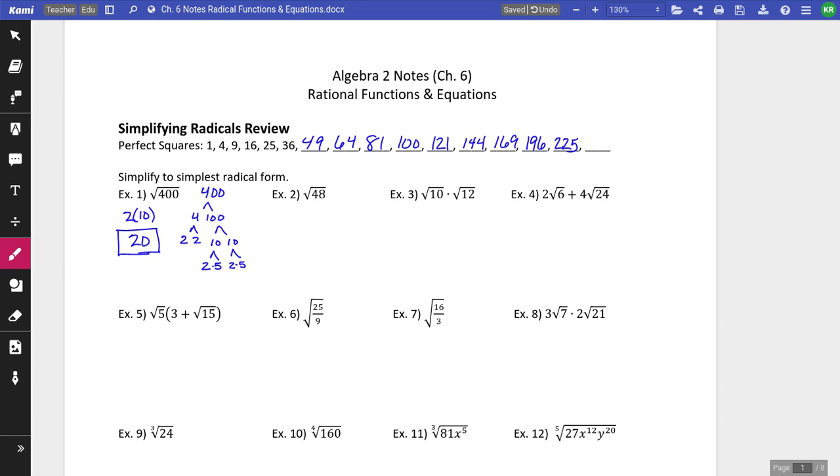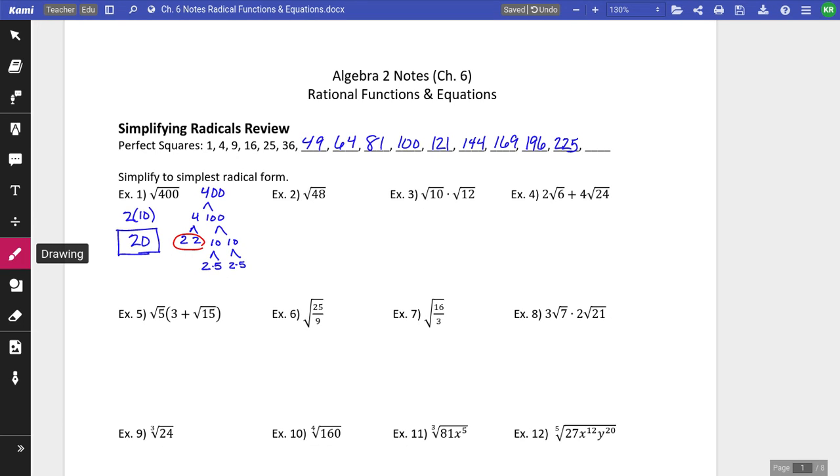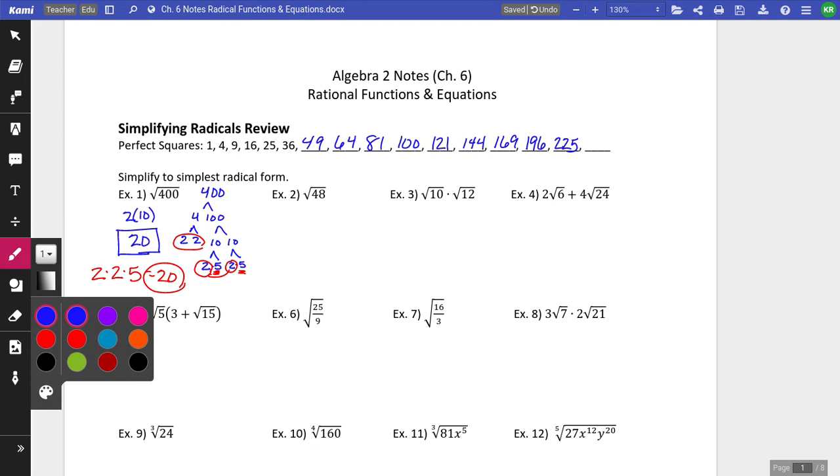So if we did that, I'd have a group of 2's, then I would have another group of 2's that go together, and then you can see I'd have a group of 5's. So a group of 2's, another group of 2's, and then a group of 5's, and that also gives you 20.